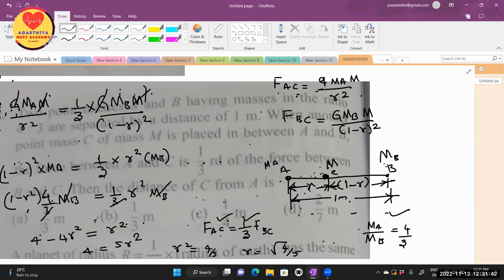MA by MB equals R squared by 3 into (1 minus R) whole squared. Four minus 4 R squared, 3 R squared, 4 R squared.